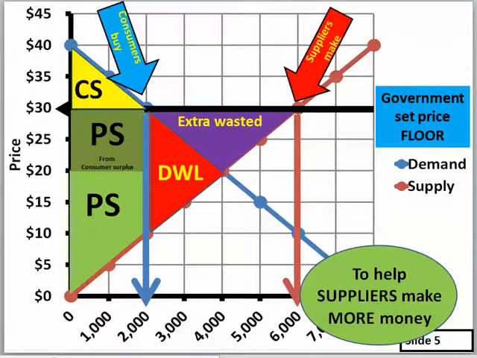And then the purple triangle that says extra wasted is additional product above and beyond what would have been produced at equilibrium if there is no price floor. That's additional product that the suppliers are producing because they want to make more money. And so again, it's extra wasted product that is a surplus of product that's not being sold.